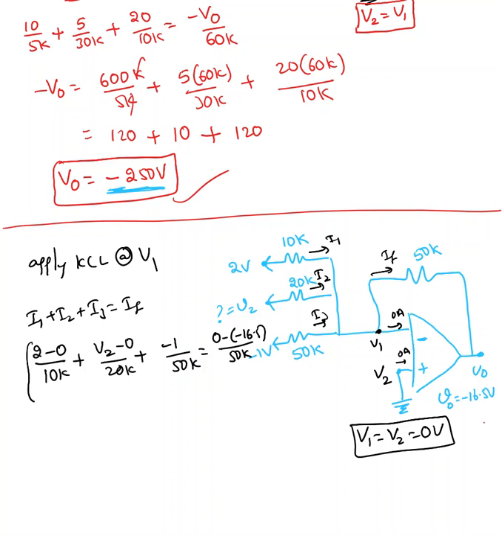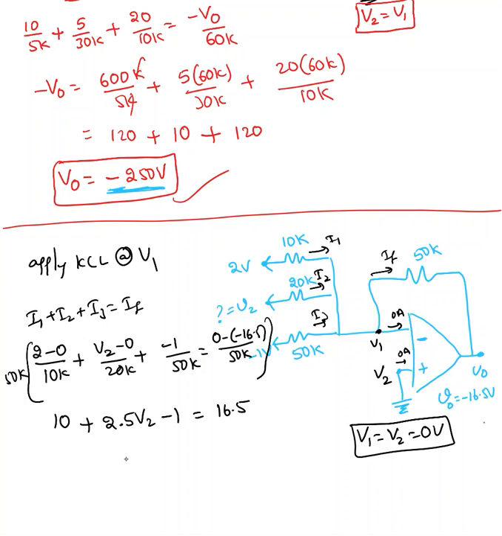Okay, I'm going to multiply on both sides by 50k. So it's going to be 5 times 2, this is going to be 10 plus 2.5 V2 minus 1 equal to 16.5.